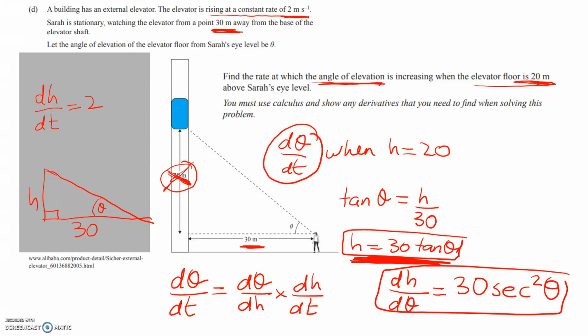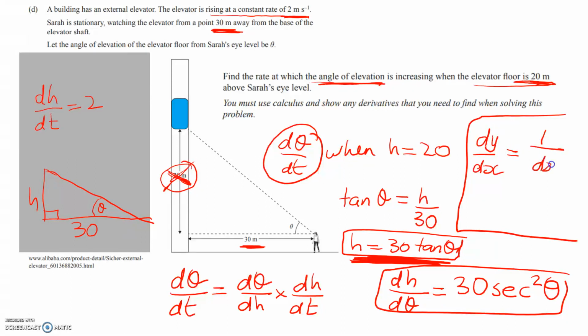How can I figure out d theta by dh? Well, there's a really easy way to do that, which is to remember that derivatives work in some ways as fractions, and it always feels a bit dodgy to say that, but it works. So dy by dx is equal to 1 over dx by dy. So that's how we can get d theta by dh. So I'm going to do that now on the next slide.